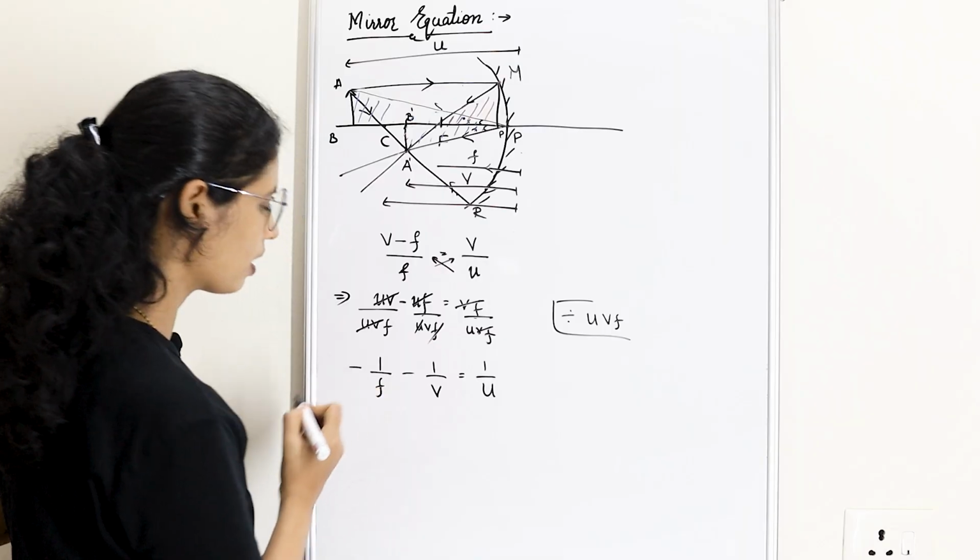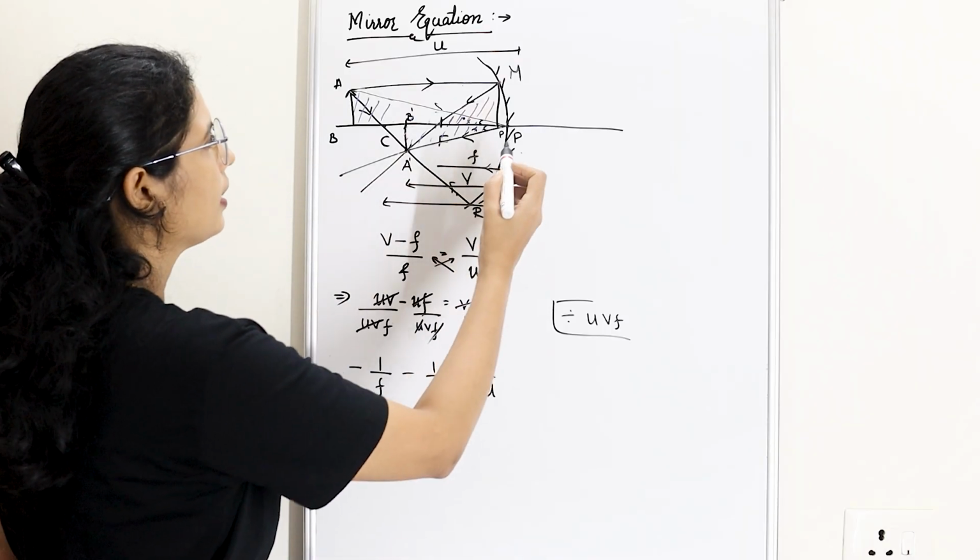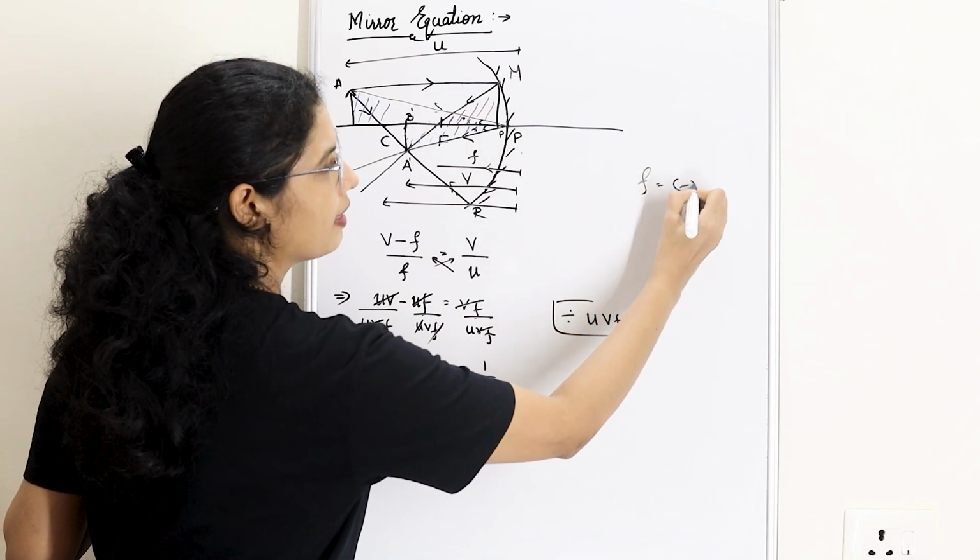So principal focus becomes minus. Focal length value becomes minus. Okay? So focal length is negative.